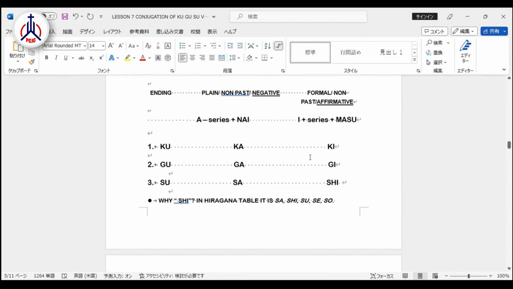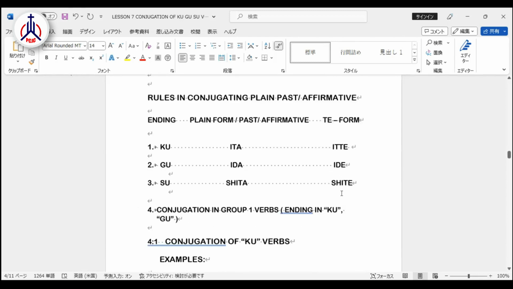Just memorize this. The ku will change to ka, I series ki. The gu will be ga. Change the u to a. Change the u to the I series. The I series of su is shi. In the past, the ku will become ita, and then ite. The gu will become ida, and then ide, the te form. The su will become shita, and then shite.